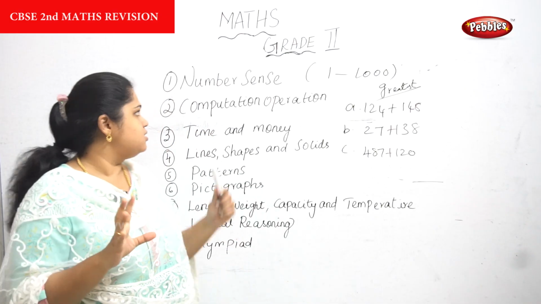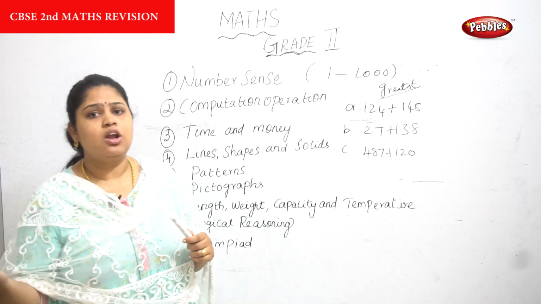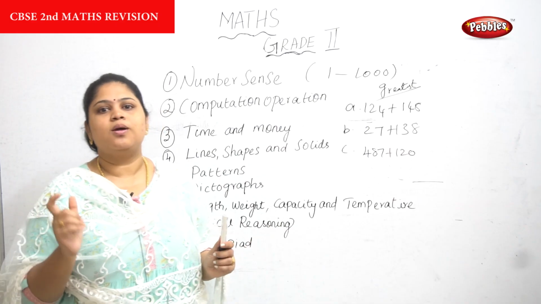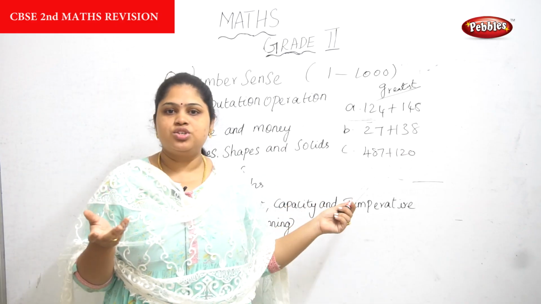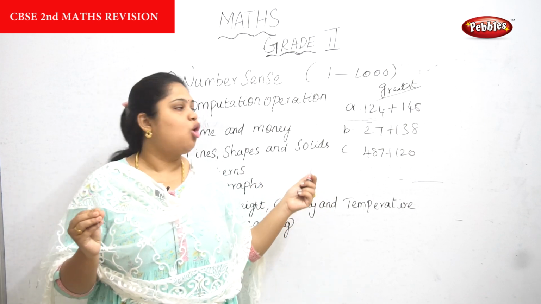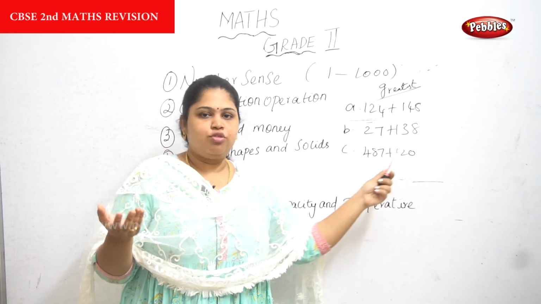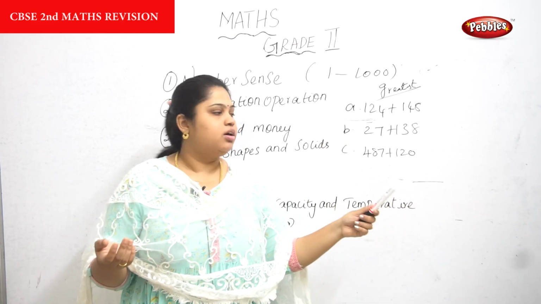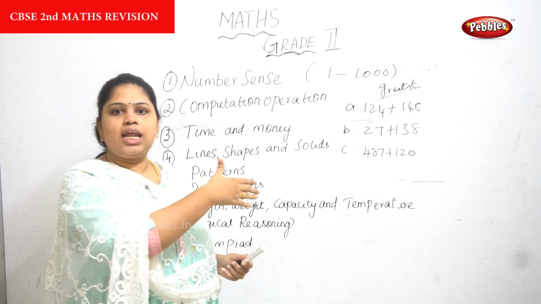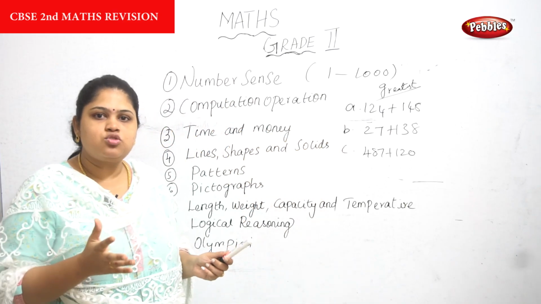Whereas in number sense we identified directly which is smaller, which is greater, or ascending to descending, anything. We have done it with direct numbers. But in computation operation, numbers play a vital role in a different type. So this is a different type: 124 plus 148, 27 plus 138, 487 plus 120. If you look directly, you can get which option is going to be the greatest number.